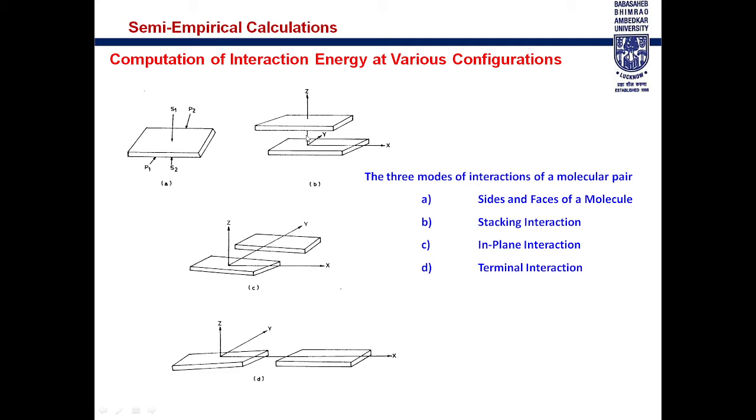This is an example of stacking interaction. Then when the molecules are interacted along the y-axis, it is in-plane interaction. When the molecules are interacted along the x-axis, it is termed as terminal interaction.